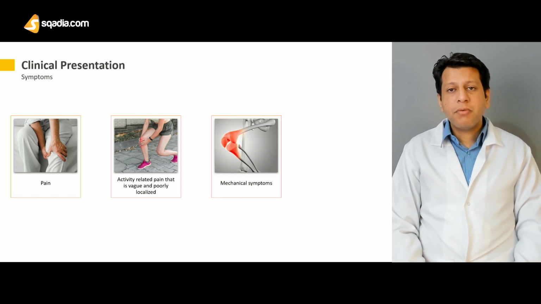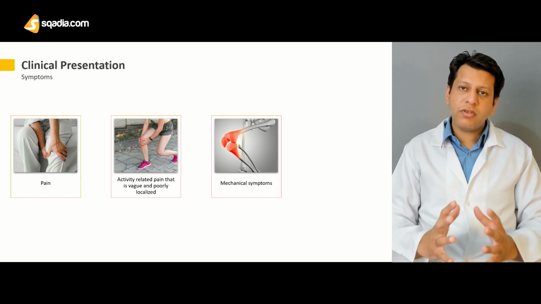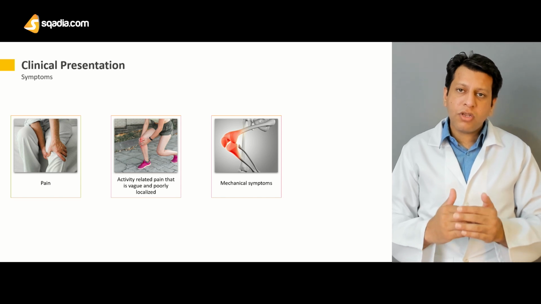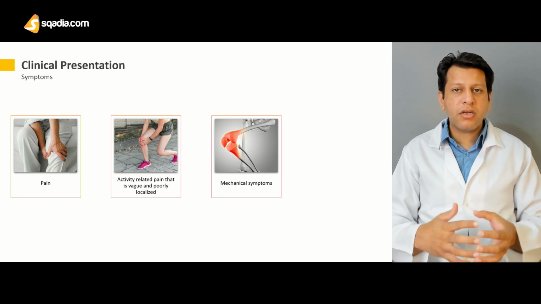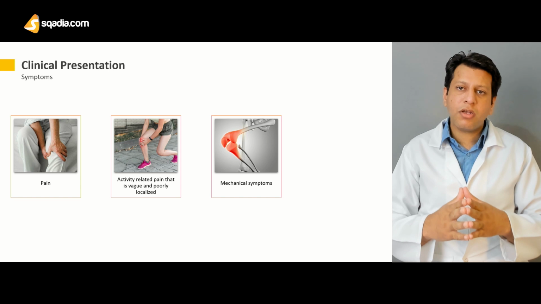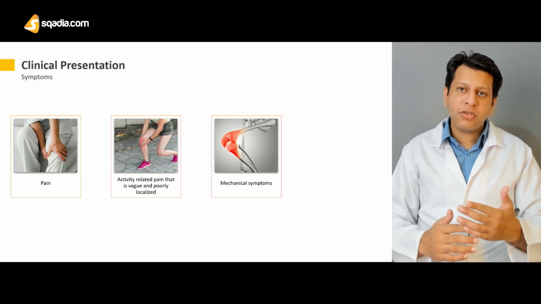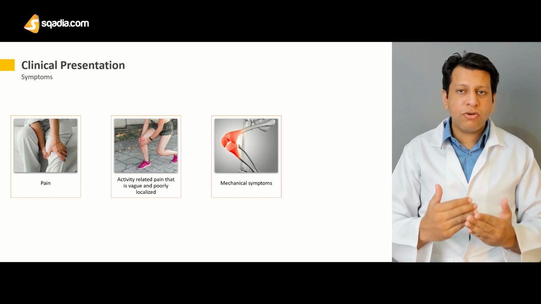Then sometimes it becomes mechanical symptoms, depending upon the stage of the disease. If there is only cartilage separation and the osteochondral fragment is present but undisplaced, probably there will be no mechanical symptoms. Mechanical symptoms usually present late, and when they present, that means probably this fragment has detached and gone into the joint.